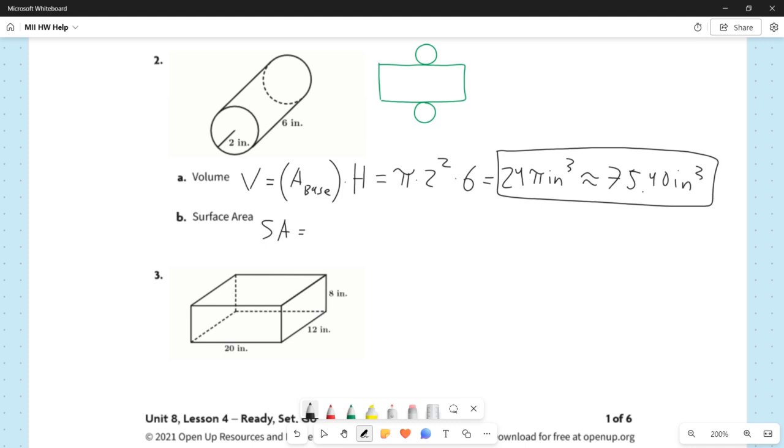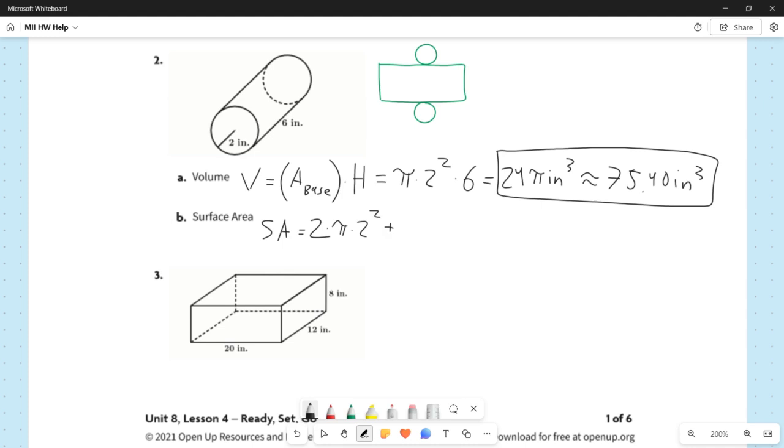So we have two circles, and both of them are congruent, so they have the same area. And the area of any one of the circles is going to be pi times the radius, which is 2, squared. So 2 times pi times 2 squared, that is the area of both circles combined.